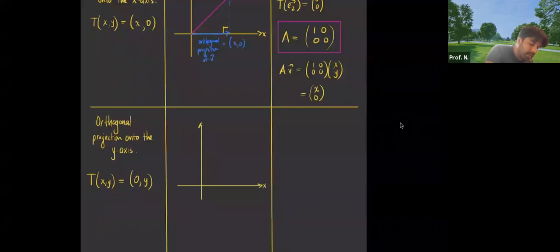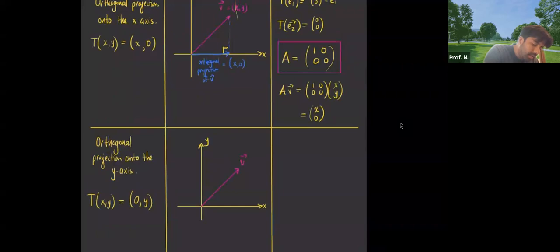Because I'm going to have the same illustration. Got the x and the y axis. I have some random vector V, call it x, y. But now my light source is no longer directly above projecting it straight down. Now it's on the side and I'm projecting it straight to the left. And the shadow that's cast onto the y-axis is just the vertical component of that vector.